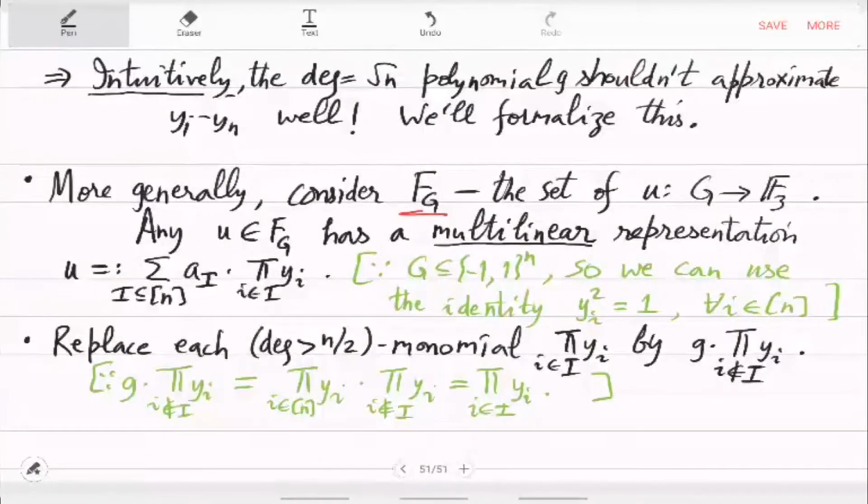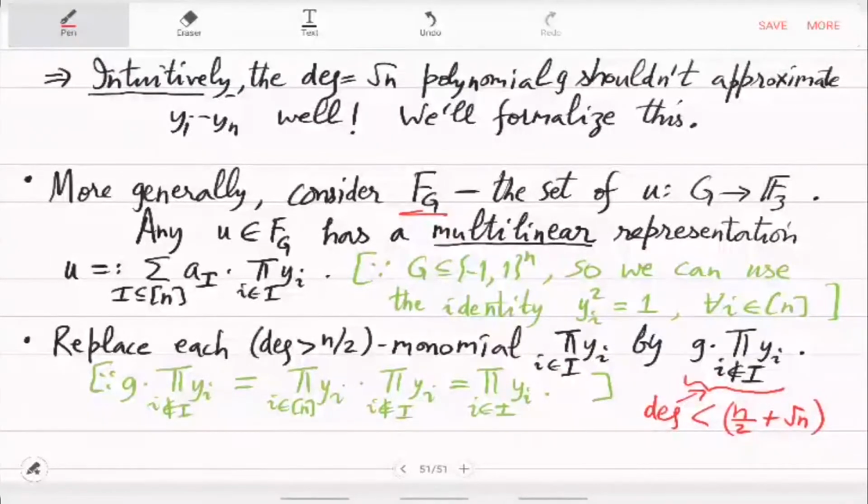What is the advantage? The advantage is previously when you had n by 2 or more than n by 2 y_i's, now previously you had something far bigger than n by 2. Now you will have almost n by 2, because the degree of this is less than n by 2 plus square root n.